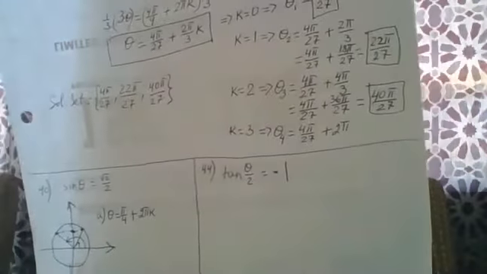So it will be theta equals pi over 4 plus, what is the period for sine? 2 pi k. Can you see what I wrote? Plus 2 pi k.